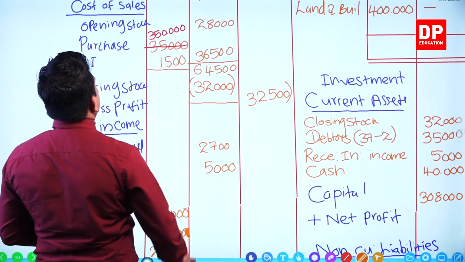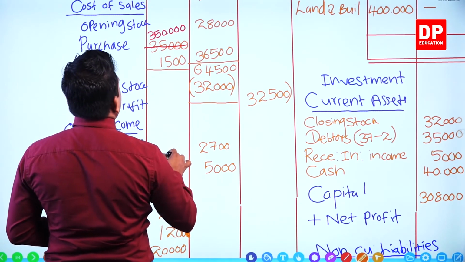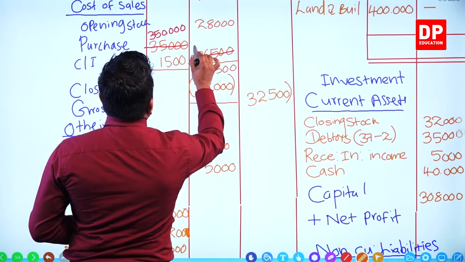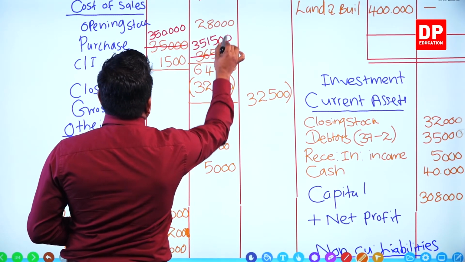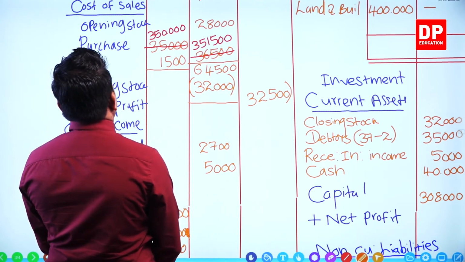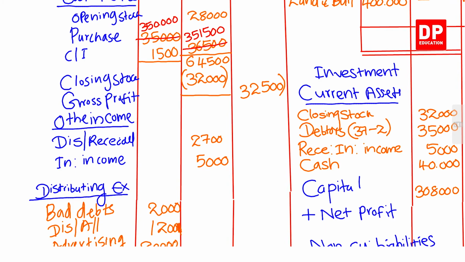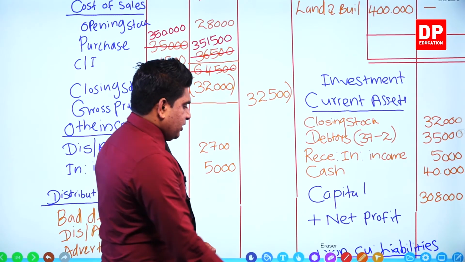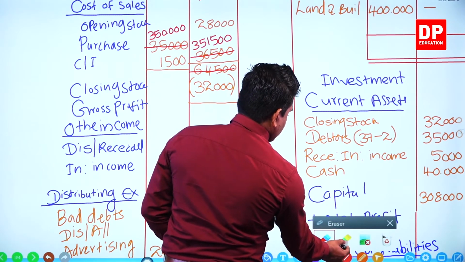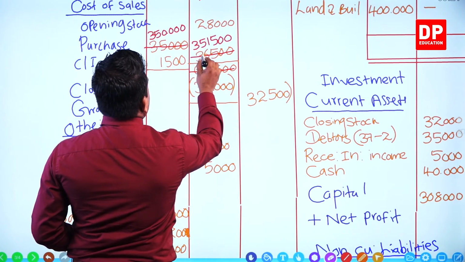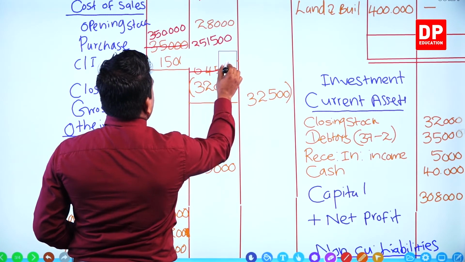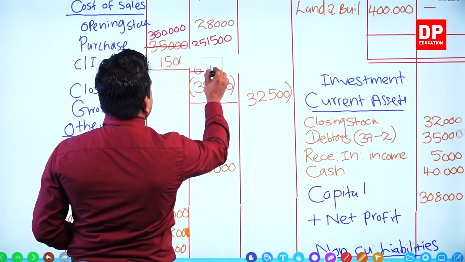Now how much? 350,1,500. Then 351,500 plus 28,000. Here you have to write the correct answer. Erase this, yeah, like this.